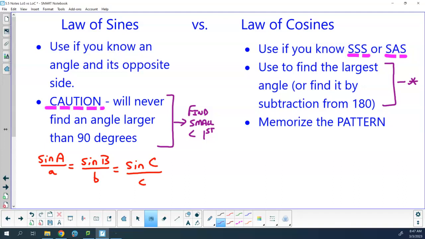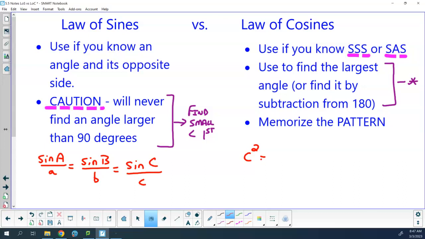Now, I don't have the law of cosines memorized, which, by the way, is a bold-faced lie, because I've been doing this so long. But in my brain, I don't immediately go to that. I've memorized the pattern. So the pattern is this. If I have one side, I'm going to square it.